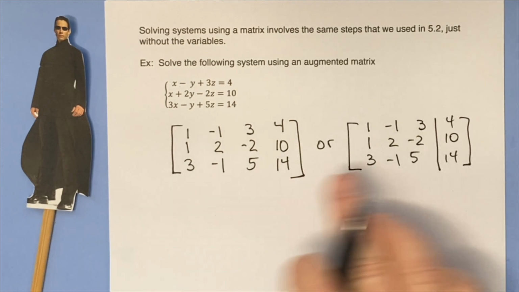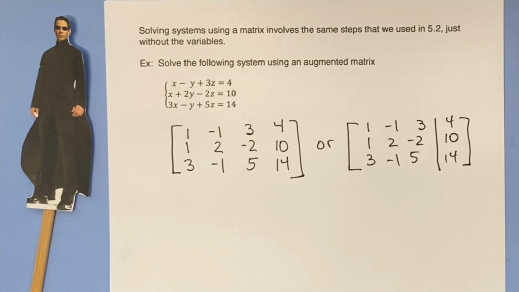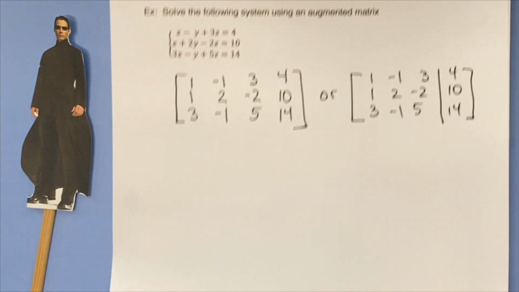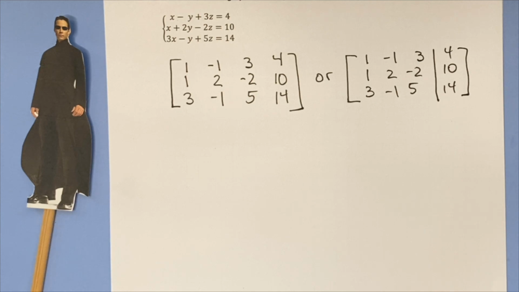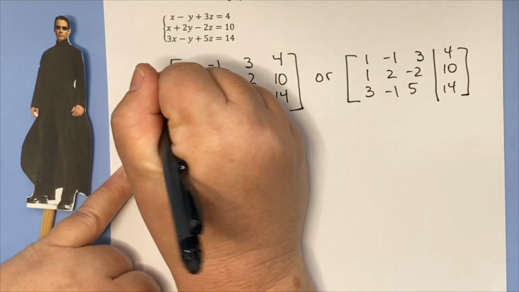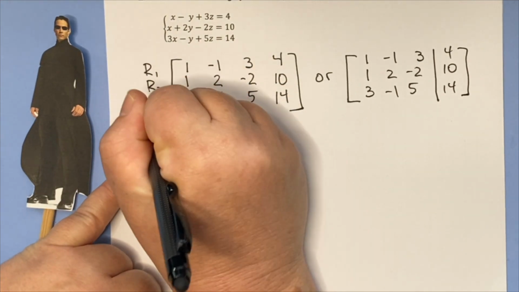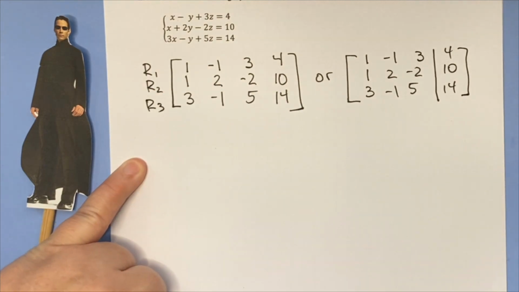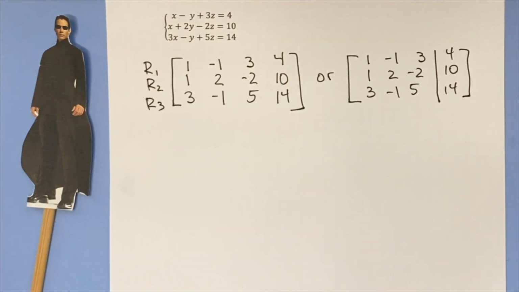So you can use either format. They will both work. And what we're going to do is label them exactly the way I did before, row 1, row 2, row 3. And I'm going to follow the same procedure.